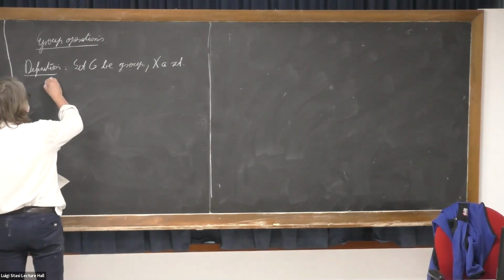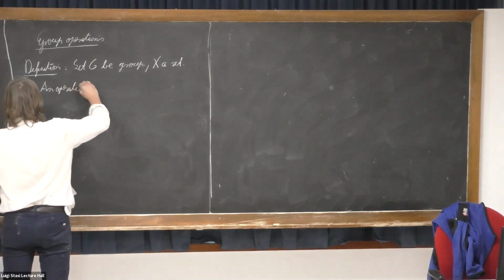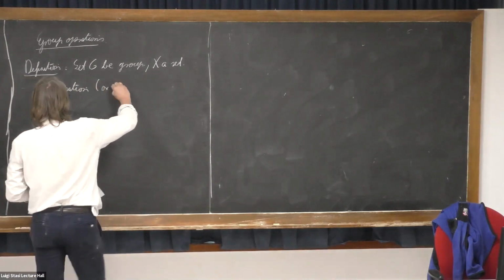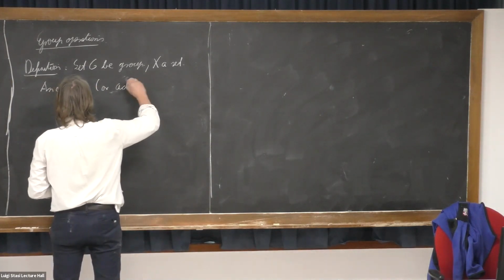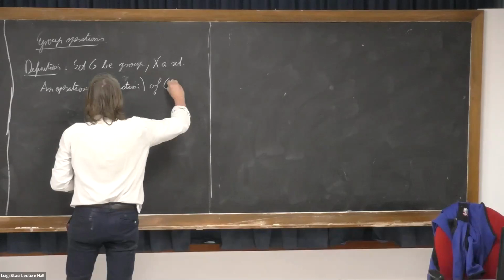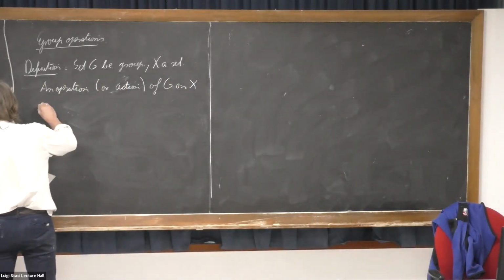So an operation, or action, of G on X is a map.